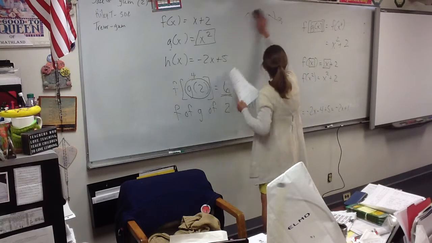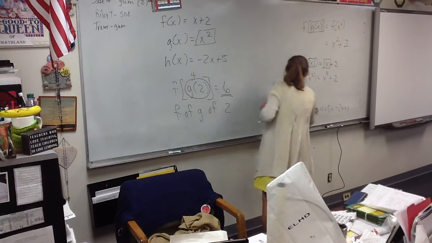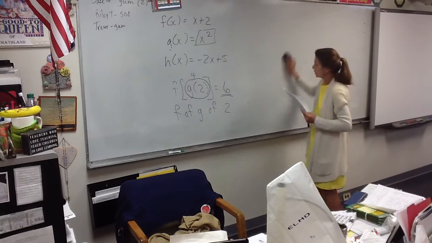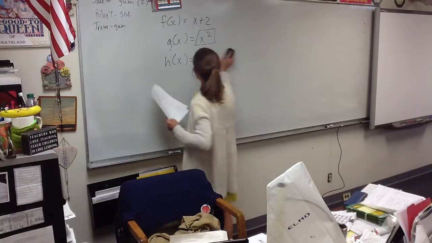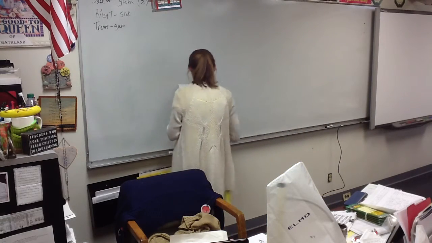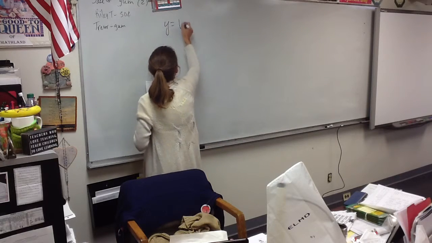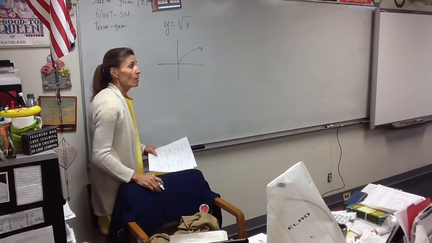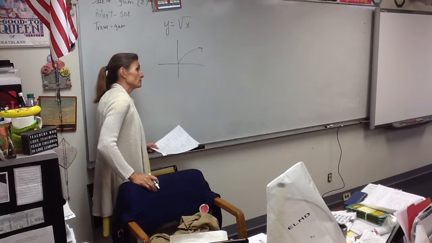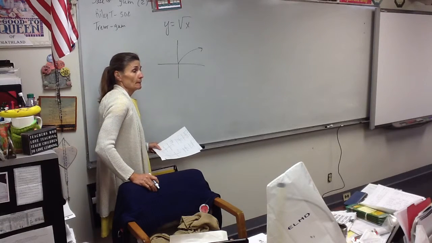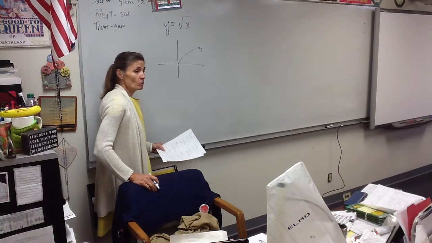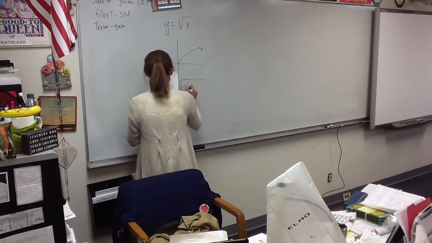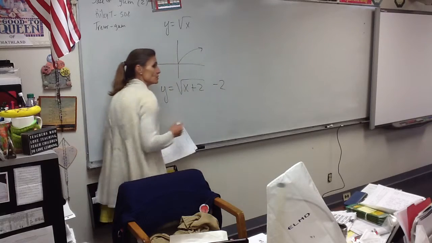All right, before I do 4C, I need to remember what the square root function looks like. The square root function looks like this. Now, if you have that shape, you should have gotten half credit. But to get full credit, you had to have it positioned in the right way. You had to know what these 2's do.